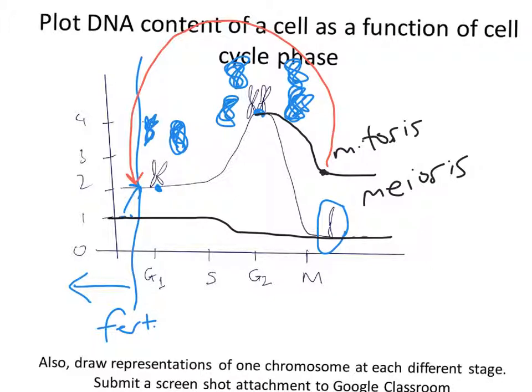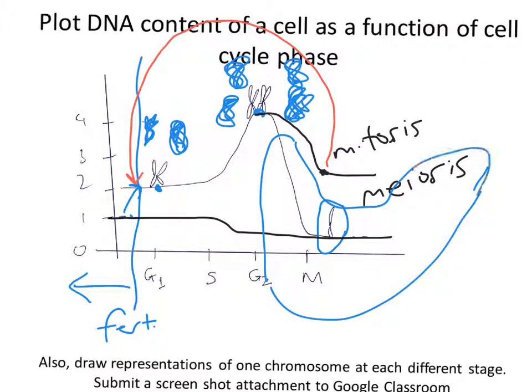So that's a special case in itself, this part down there. Bottom line, almost all of our cells are always diploid. After synthesis, temporarily have 4 copies of every chromosome.